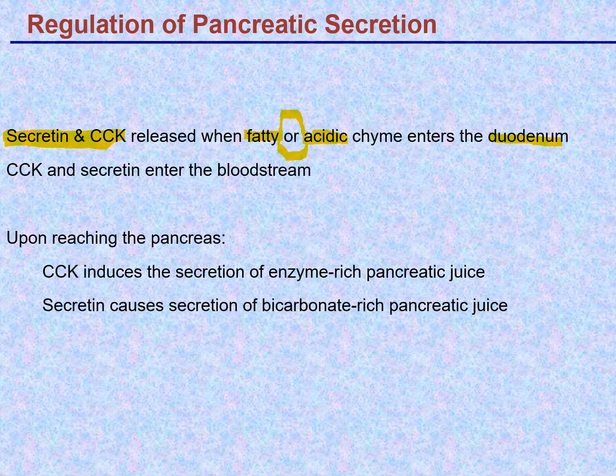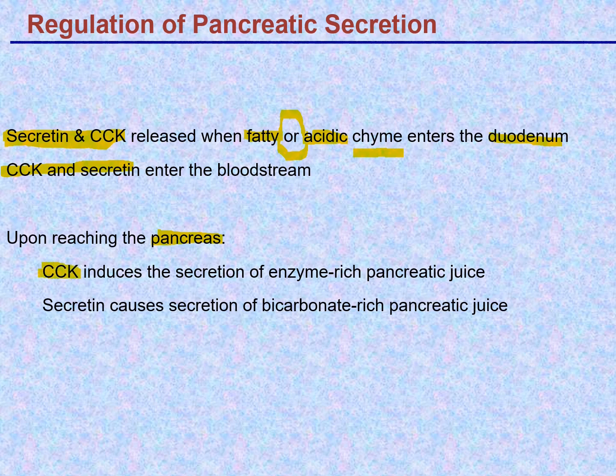Here it's either fatty or acidic, it doesn't matter. If it's both, that's fine too. It will trigger cholecystokinin and secretin release, and those will go to the pancreas and act on the pancreas, inducing secretion.